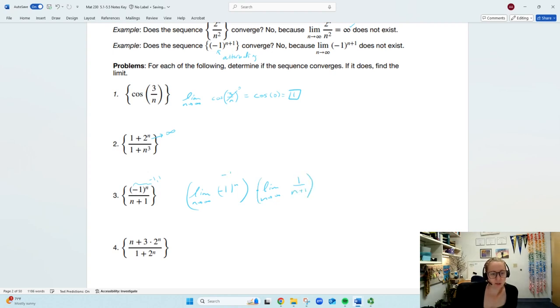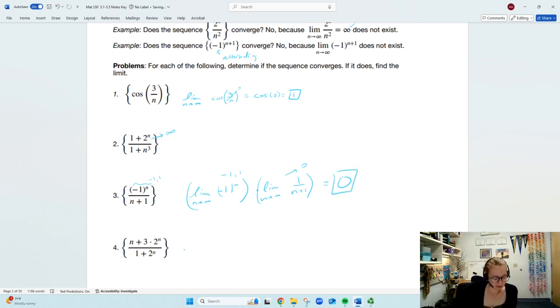So this is between -1 and 1. It just alternates back and forth. But my limit of this is actually going to be approaching 0 because I have a really, really big denominator. As n gets larger, I'll have 1 over a huge number. So that approaches 0. My 0 kind of takes over. 0 times anything is just going to be 0. So this does converge. It converges to 0.